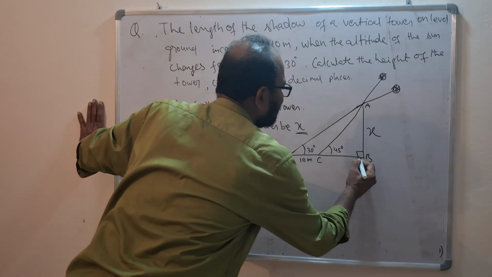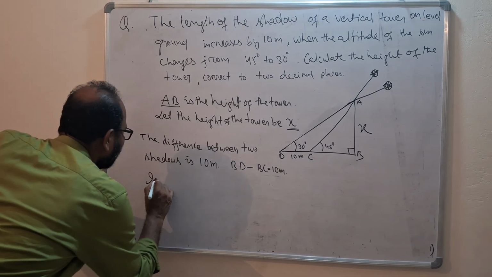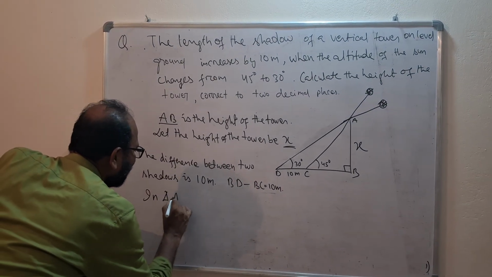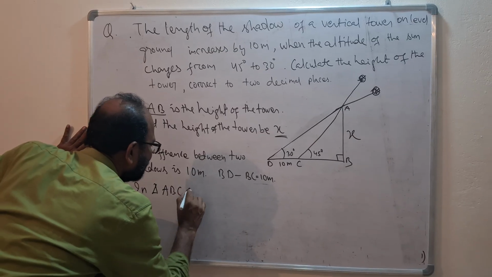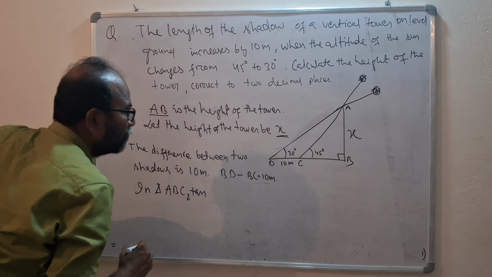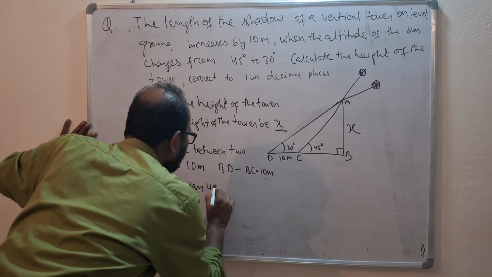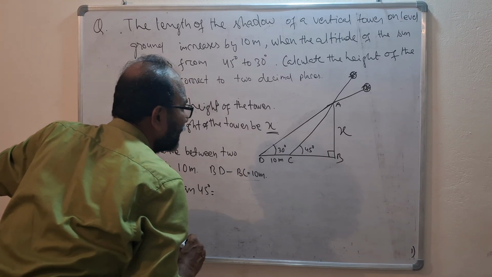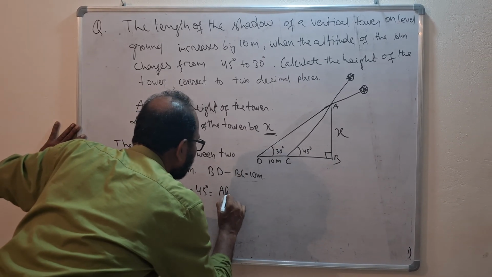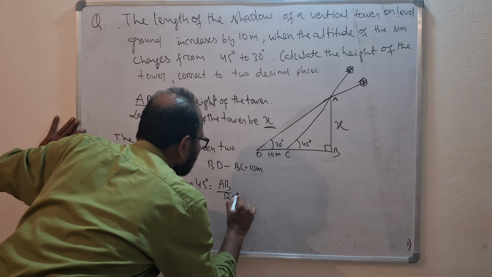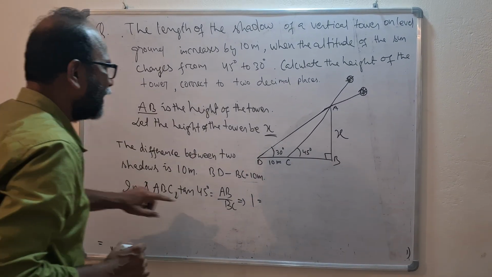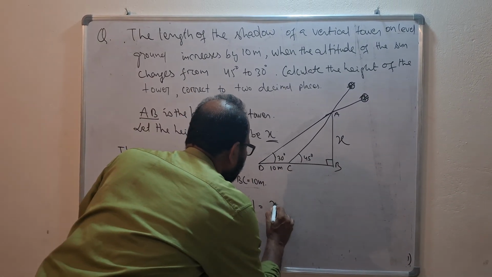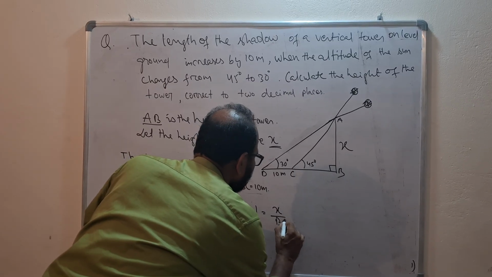In triangle ABC, tan 45 degree is equal to AB by BC. So tan 45 degree is equal to 1, which is equal to AB, which we have taken as x, by BC.